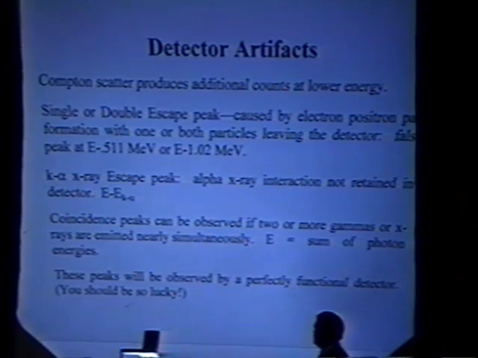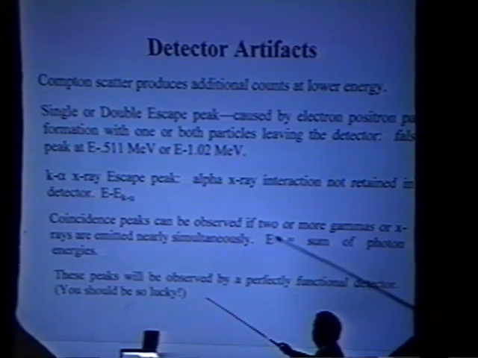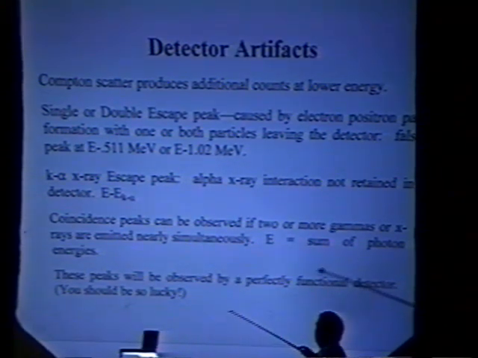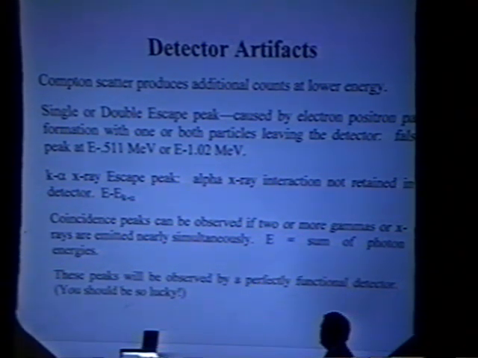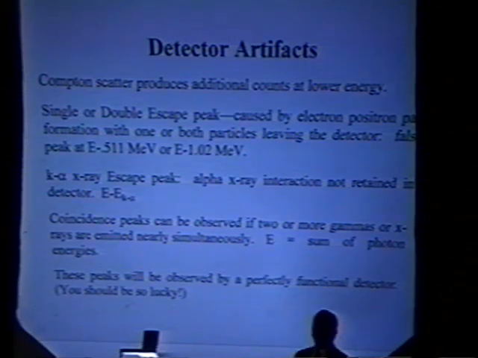Also, if you have a really big signal, it's possible that you can get coincidence peaks at the sum of the photon energies, if they're seen together. And all these kinds of things can be seen by a perfectly functional detector, most of them if you have a lot of counts.